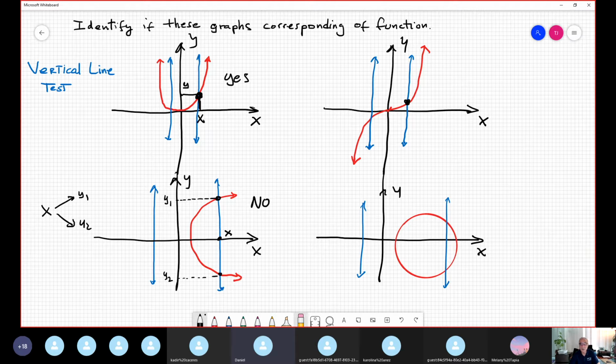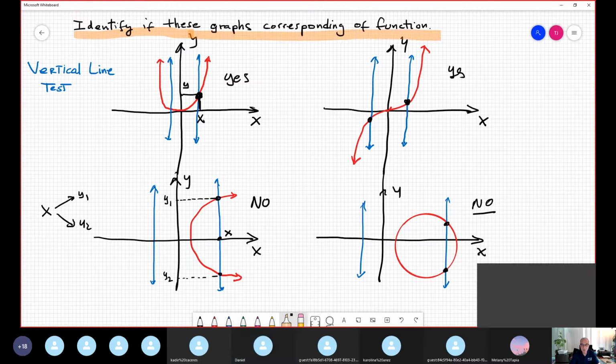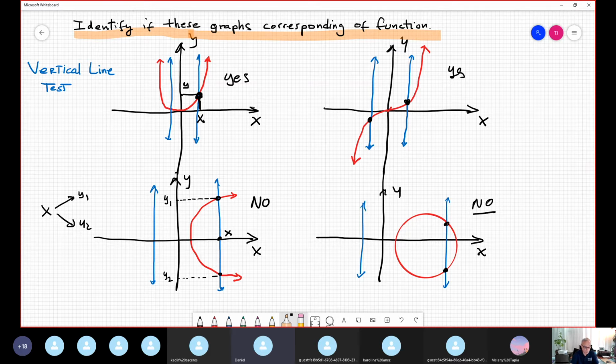In this case, it's easy. It's only one. Look, the vertical line, yes. Or here, yes. And here, no, because we have two points. It's clear, right? It's super clear. Any questions, guys? Do you understand the vertical line test very well? Okay, this is the case in ALEKS, maybe in the ALEKS online homework and online test.